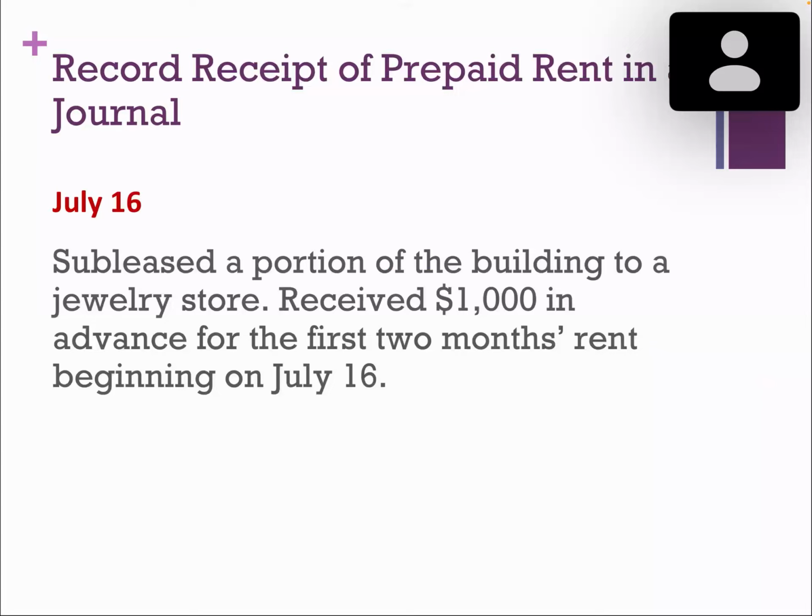Okay. All right. So on this one, we do our accounting equation. So we're receiving $1,000, right? So that's an asset. So you could debit cash $1,000. So our asset's going up. However, the next part is tricky, right?